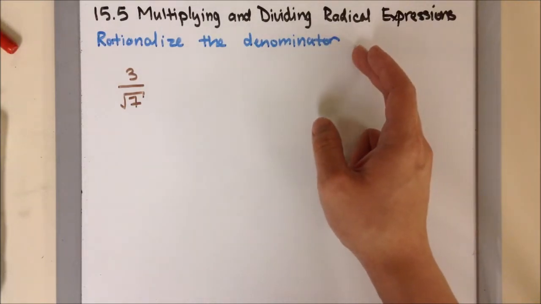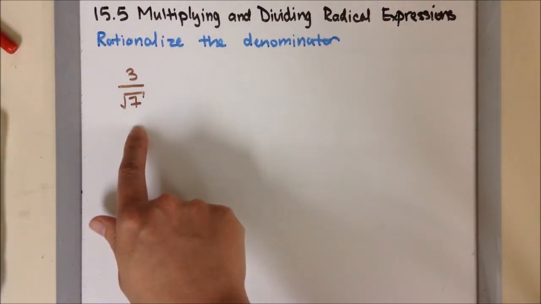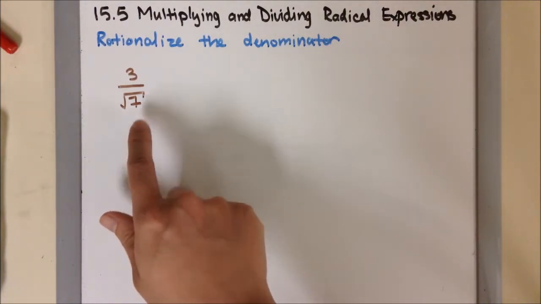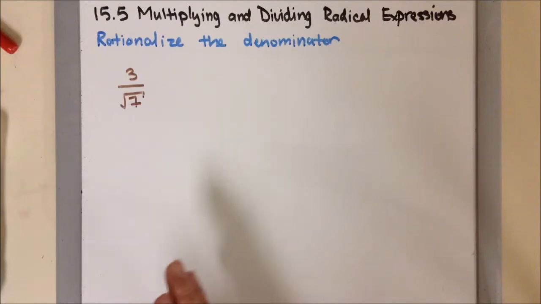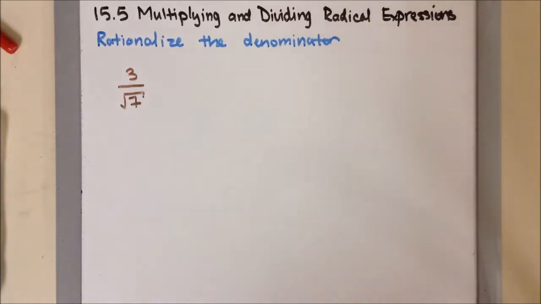When you hear the term rationalize the denominator, it means that we're going to change this form into another fraction where we do not have a radical in the denominator. So again, with division of radical expressions, when you have it in the form of a fraction, our final answer cannot have a radical in the denominator.